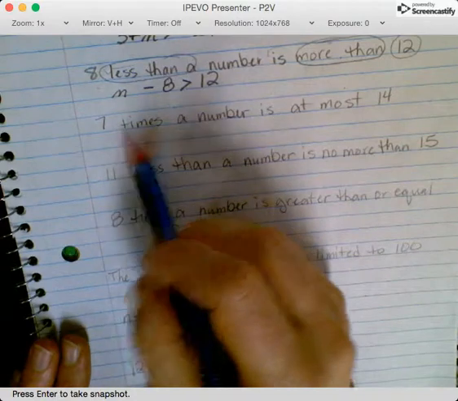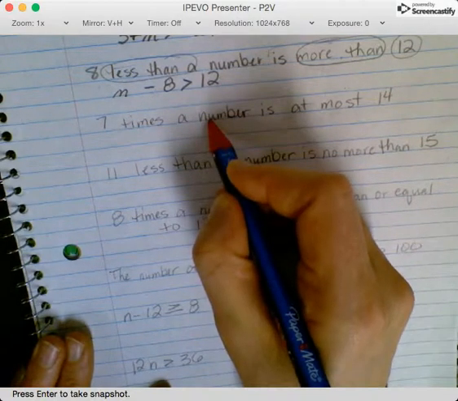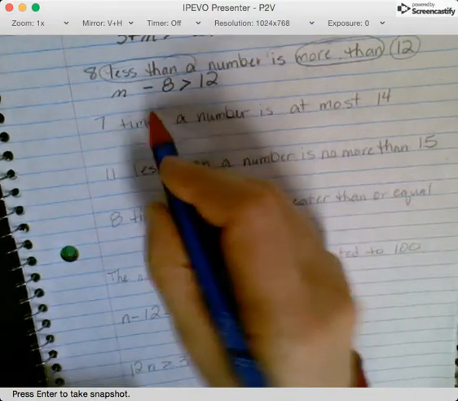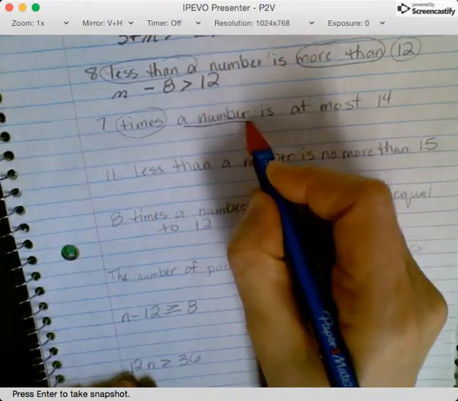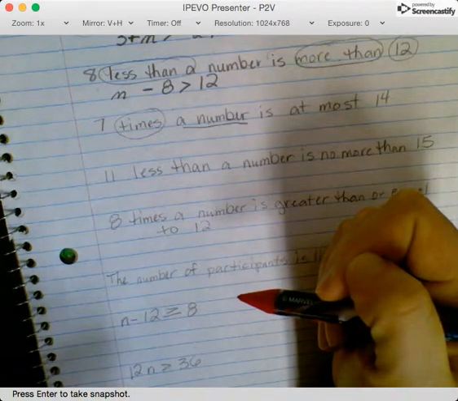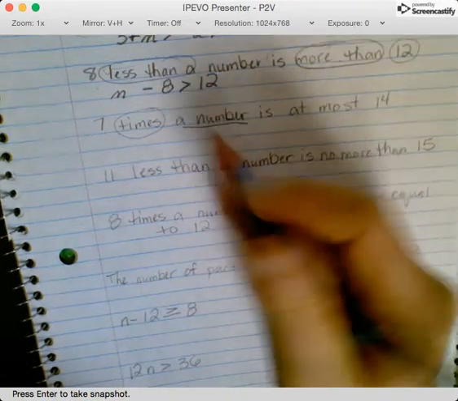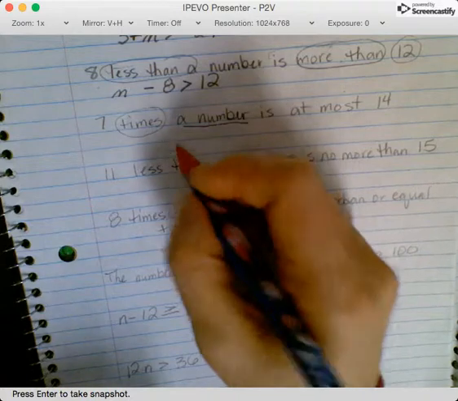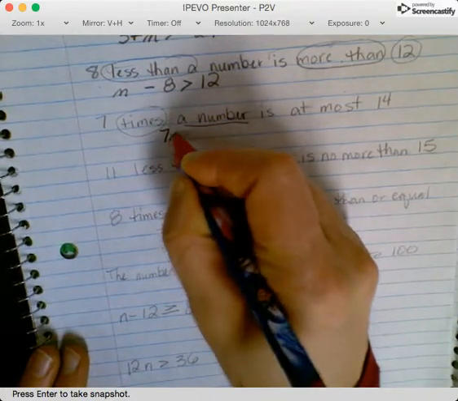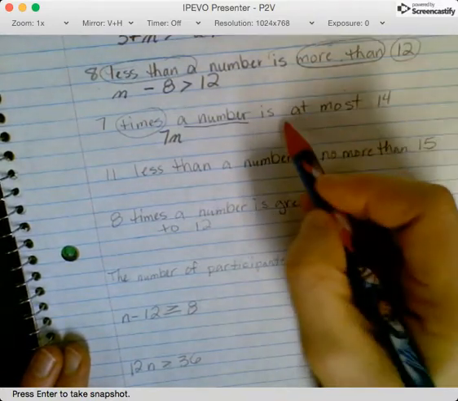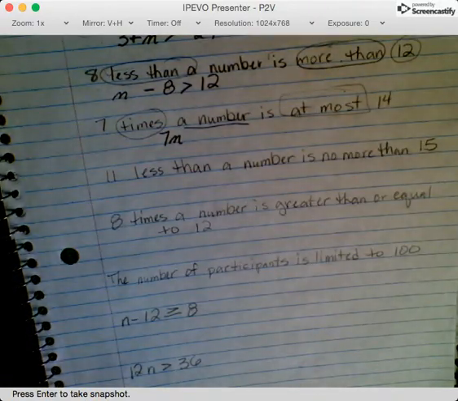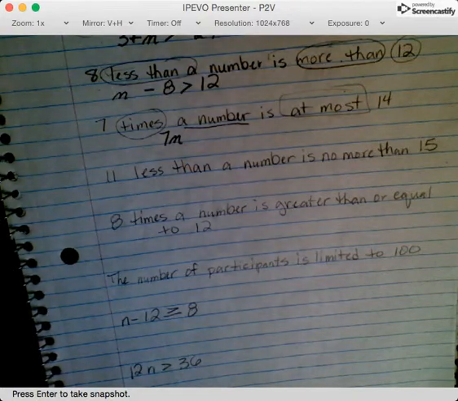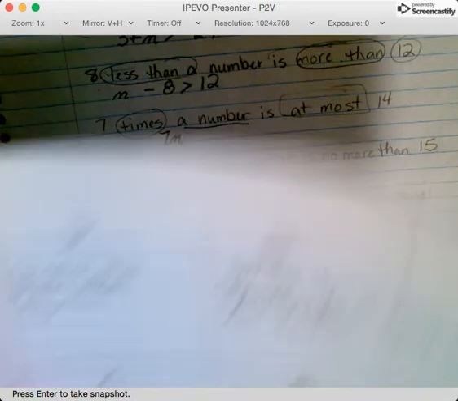Now we have these keywords. 7 times a number. We could put a multiplication sign. Times is multiplication. Or since we don't know what the number is, I'll use a variable. So instead of writing 7 times x, I can just write 7x or 7n. And that's what I'm going to do, I'm going to use 7n again. Is at most. So remember, that one is not exactly self-explanatory.